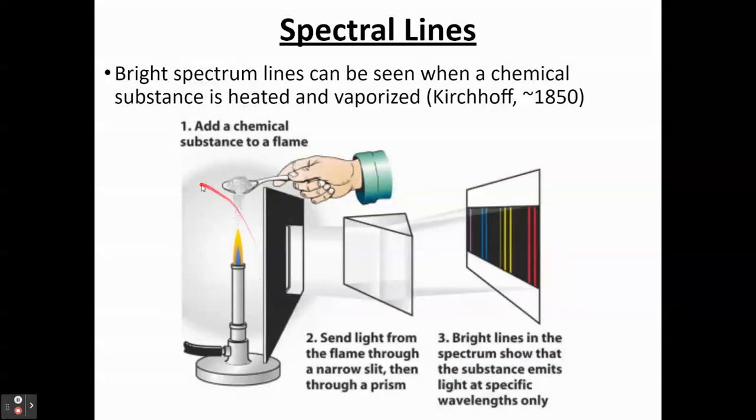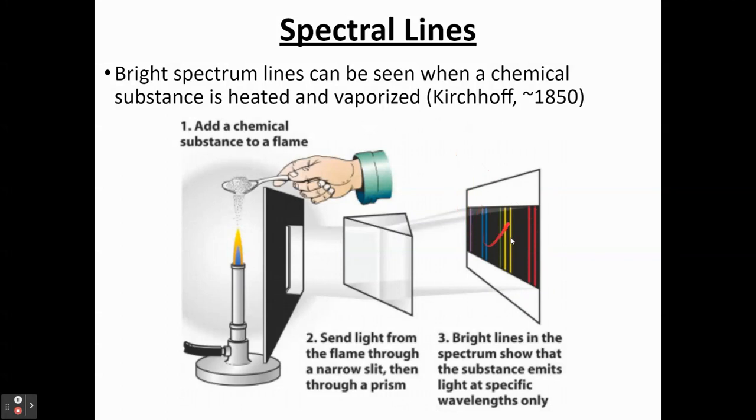So what did scientists do with that? Well, we could take a chemical, for example, heat it up, put it into a flame, and then aim the light that is produced from that flame and that chemical through a prism and see what colors of light come out of that. That's what scientists noticed. They noticed that whenever they put a substance into fire or even electricity, it would spit out different colors of light, and you could get this little spectrum over here that would correspond to a specific chemical.